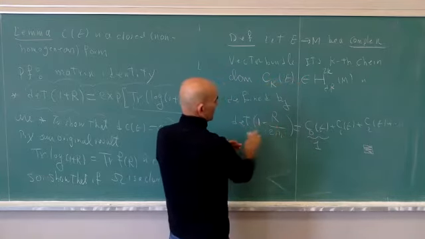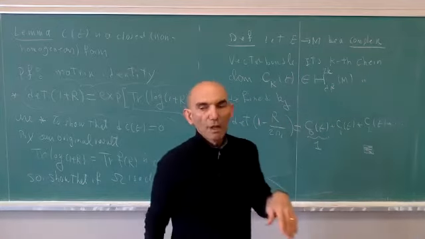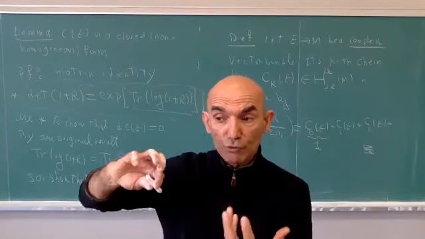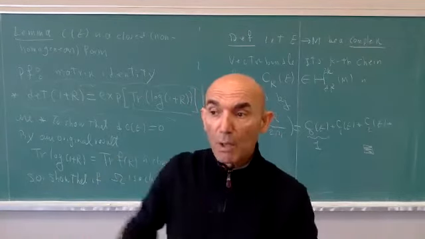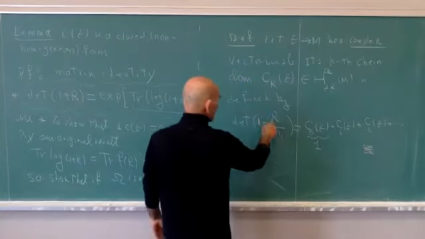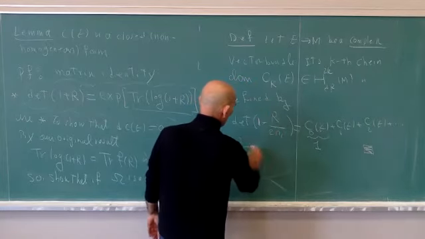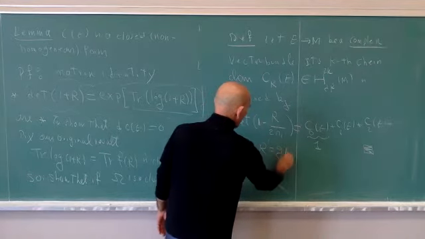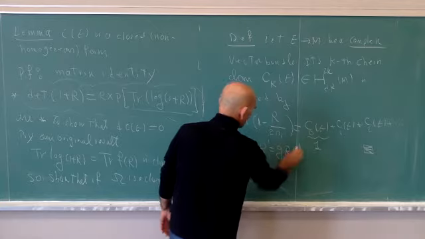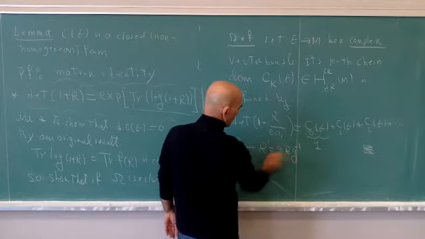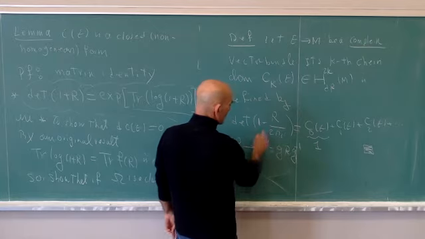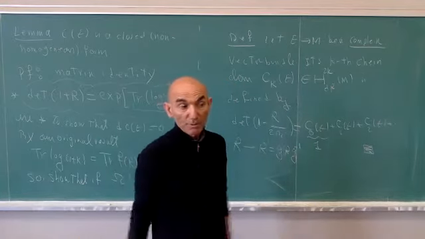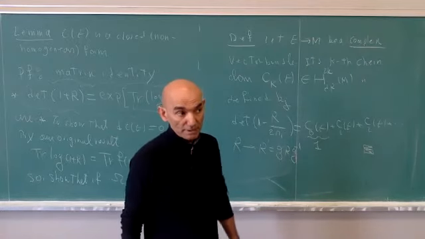Now you might wonder, what if I choose another coordinate chart and another frame? If you change frame, R goes to R prime, which is going to be something like G R G inverse. So there's always some conjugation, and this determinant is invariant under conjugation, just as the trace is.